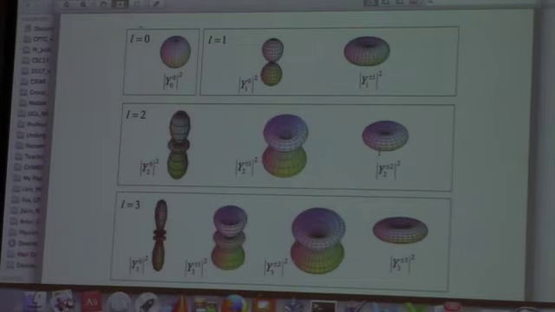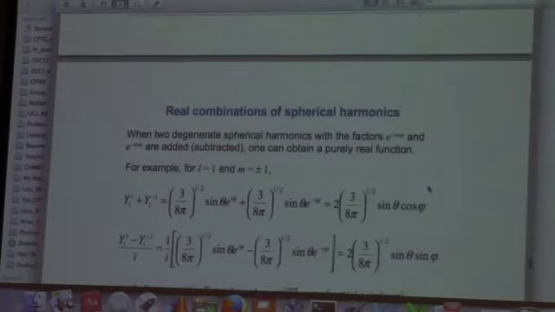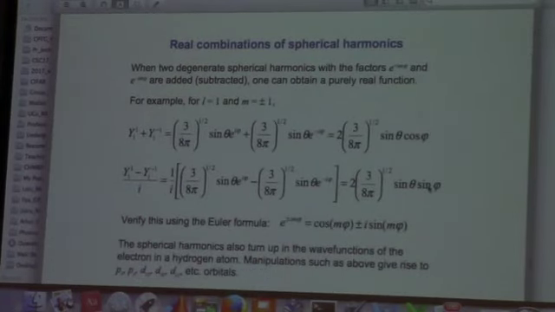And then with L equals 2, you have 3, because there is a kind of shape degeneracy here and here. And F also looks different than you would expect from a course of general chemistry. The reason for that is that we simply have complex orbitals, these Y functions are complex. What we plot in general chemistry is different. These are real combinations.